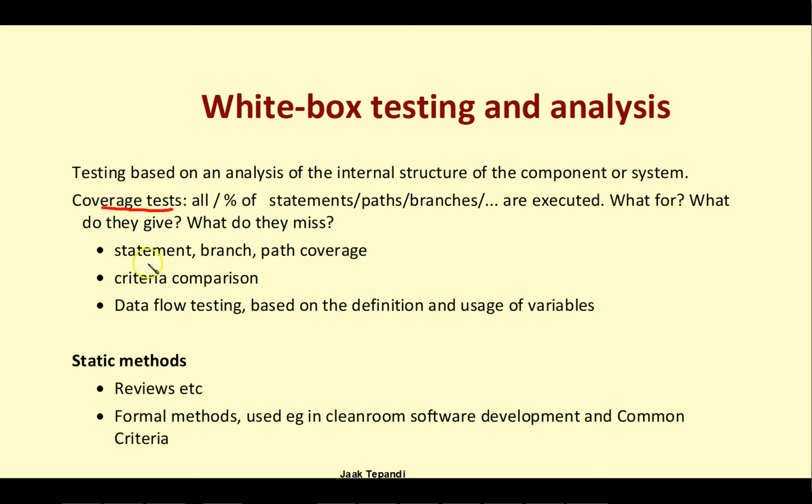We analyze shortlist statement, branch, path coverage. We compare criteria. We can also use other ways of white box testing, such as data flow testing based on definition and usage of variables and so on.